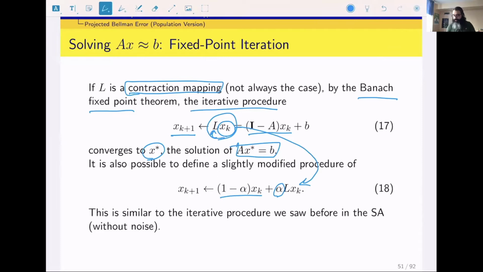And this is somehow similar to those stochastic approximation iterative methods that we had before, say, when we talked about TD methods or Q-learning, except that there's no noise here.